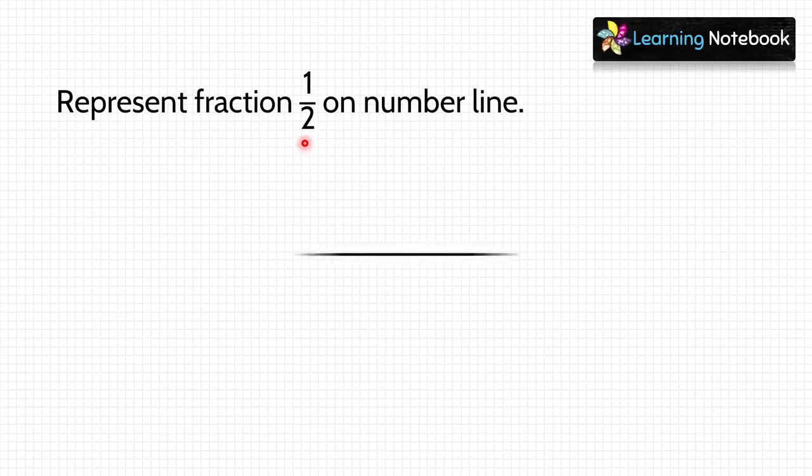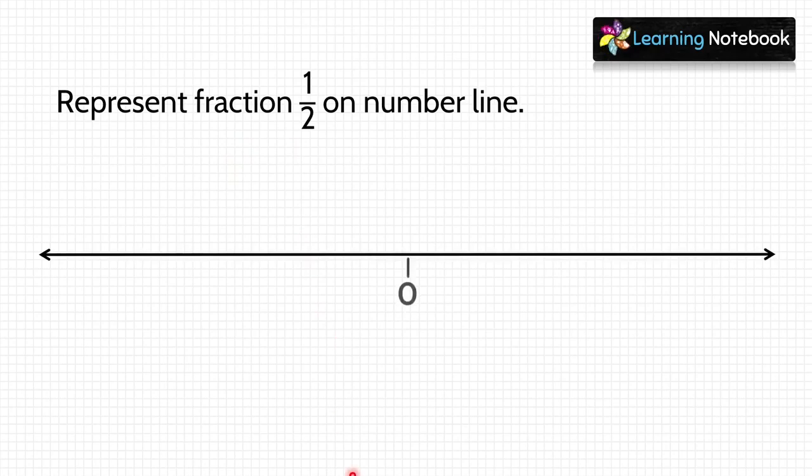So first, let's draw a number line. Now, we know 1 by 2 is greater than 0 but less than 1. So, 1 by 2 should lie between 0 and 1.